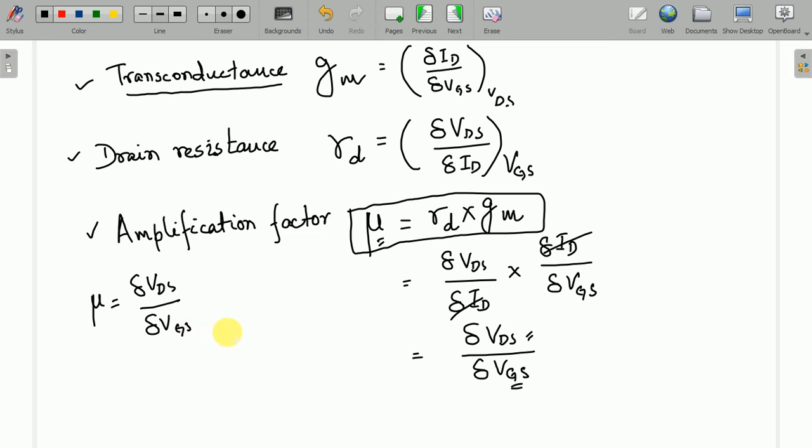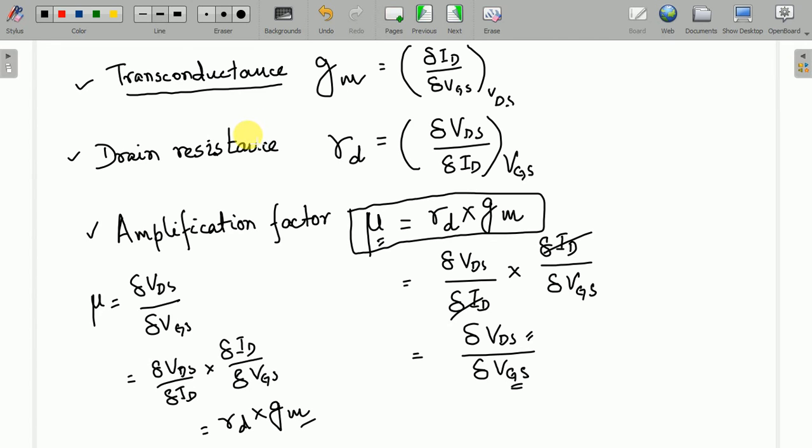Dividing the numerator and denominator by delta ID, we get delta VDS by delta ID multiplied by delta ID by delta VGS. That is equal to RD into GM. That is the other way to prove it. Either you go this way or you come this way. So these are the three parameters of FET.